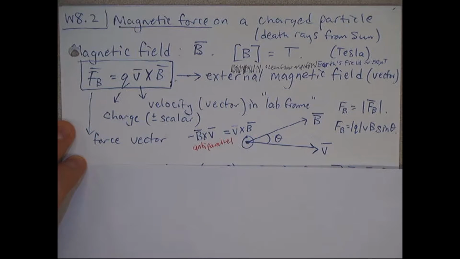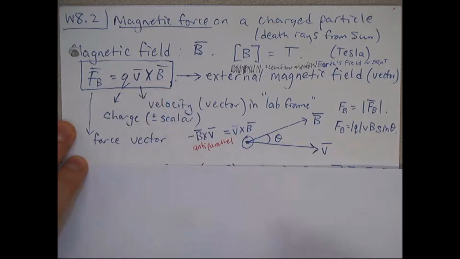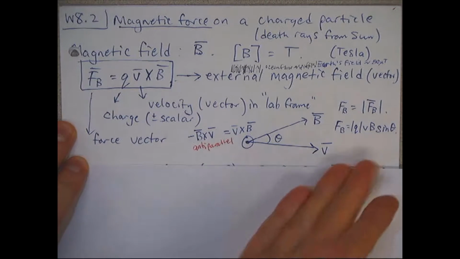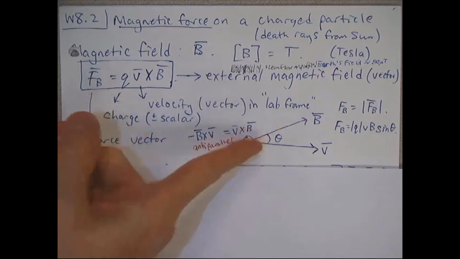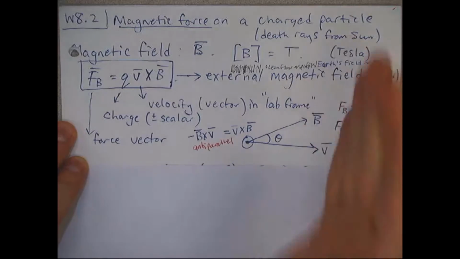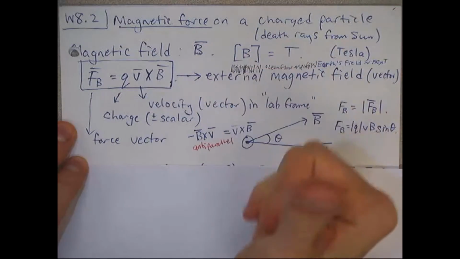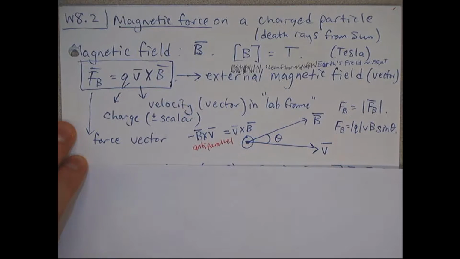Just like with torque earlier in the course, we need to make sure that the order of these vectors in the cross product is preserved. Of course, if you flip the order, you pick up a minus sign. So if your velocity is at an angle theta with respect to the B field vector, in this situation, your cross product by the right-hand rule points out of the page.